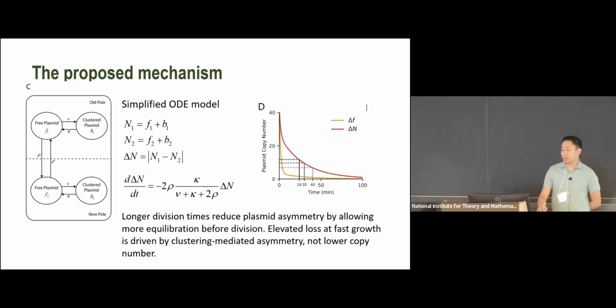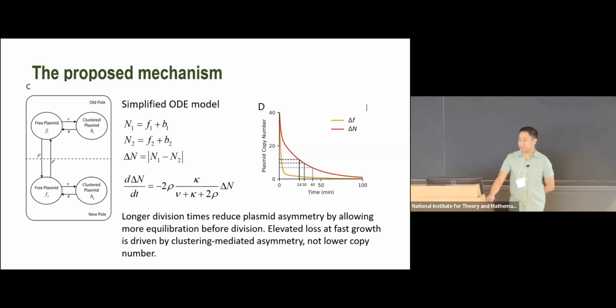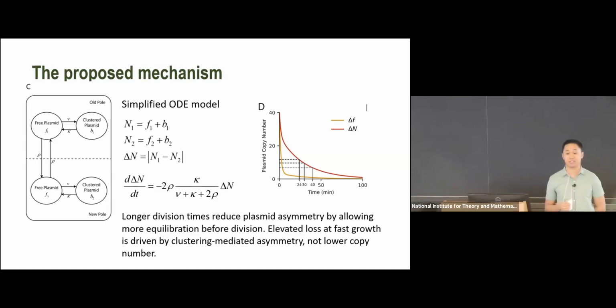Okay, now, you would see here in the panel called D that the difference between the number of free plasmids decreases much faster than delta n, which is just n1 minus n2, which is the asymmetry essentially.